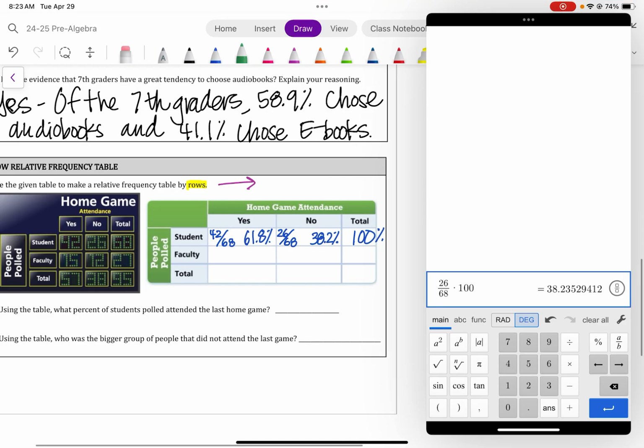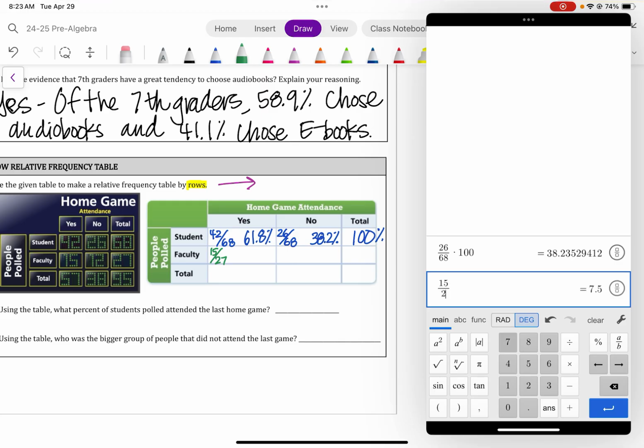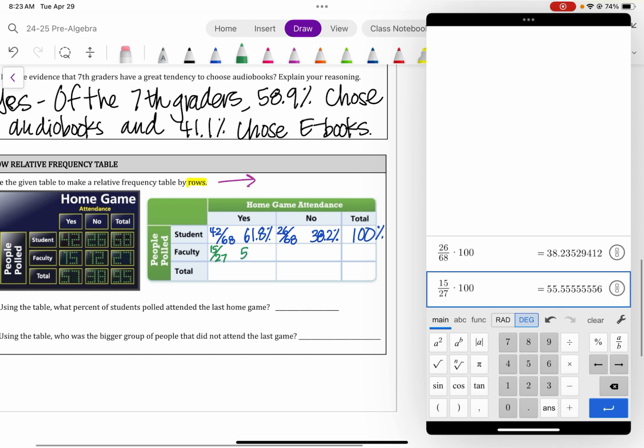Now, the faculty, there were 27 faculty members. 15 of them went to the game. So 15 out of 27. We're going to take that amount and multiply it by 100. So that's 55.6%.